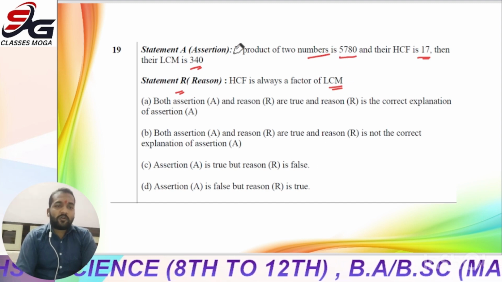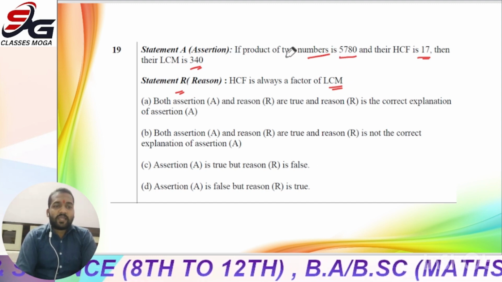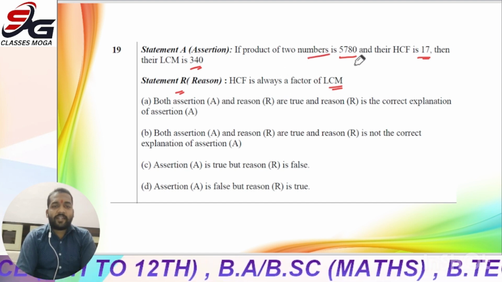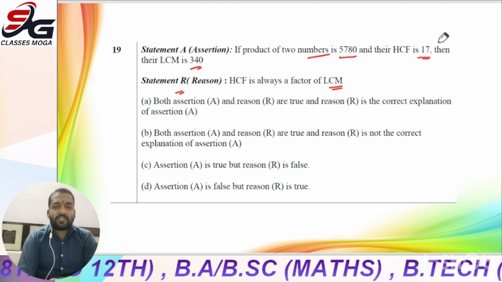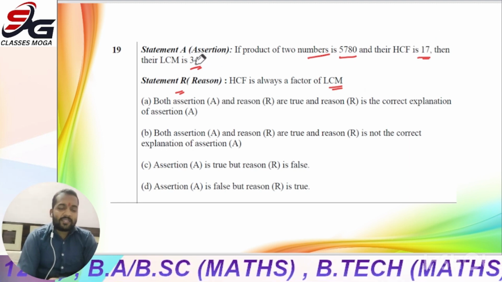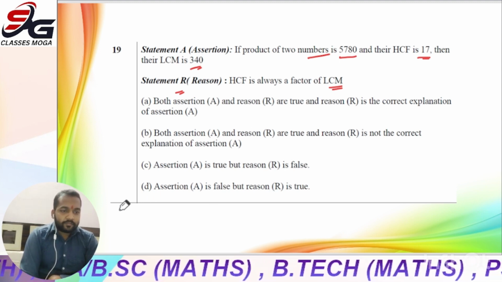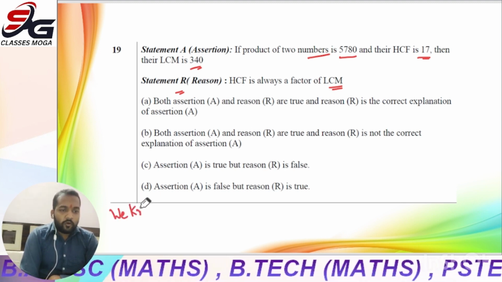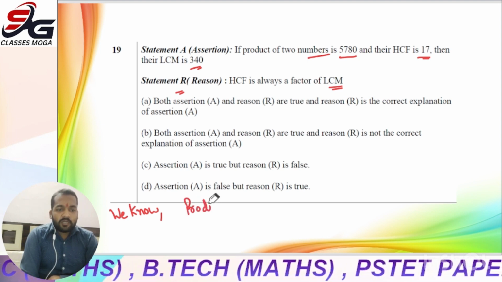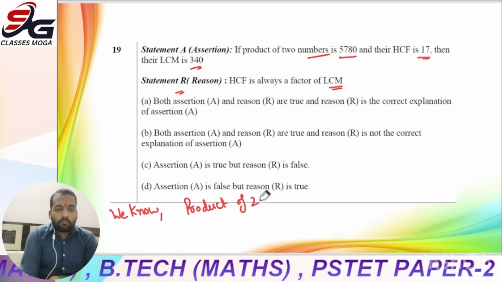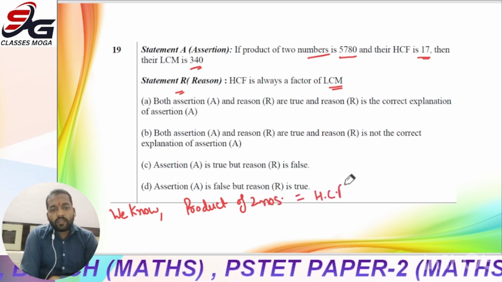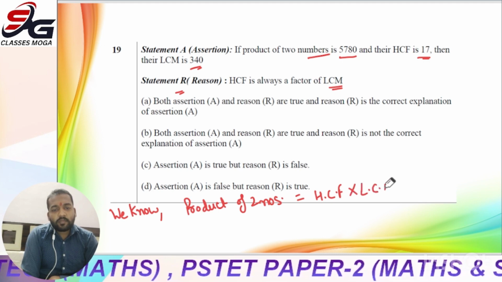So first of all, check the statements. In the assertion, it is written that if product of two numbers is 5780 and HCF is given, that is 17, then they said LCM is 340. So let us check. We know that product of two numbers is always equal to HCF into LCM, right?